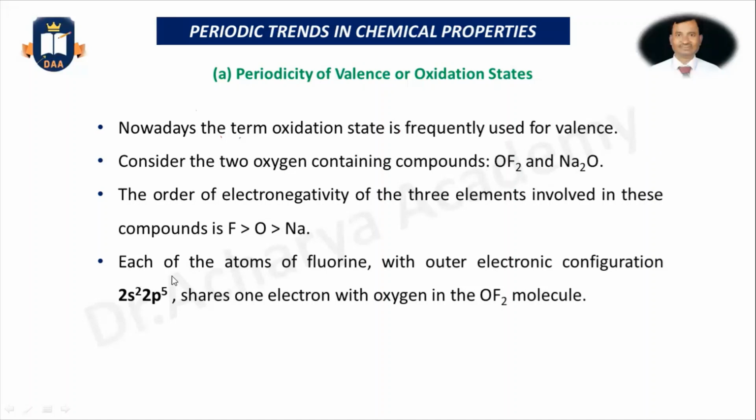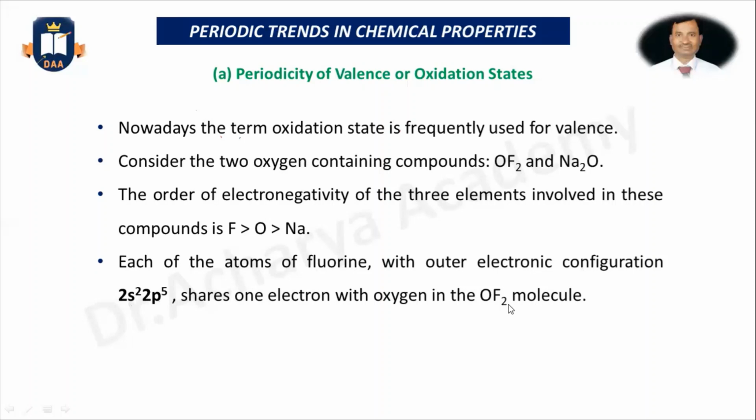Each of the atoms of fluorine has the outer electronic configuration. What is this? Outer electronic means the outer shell is the second one. So 2s2, 2p5. This is the outer electronic configuration for fluorine. So here the fluorine atoms share one electron with oxygen in the OF2 molecule.